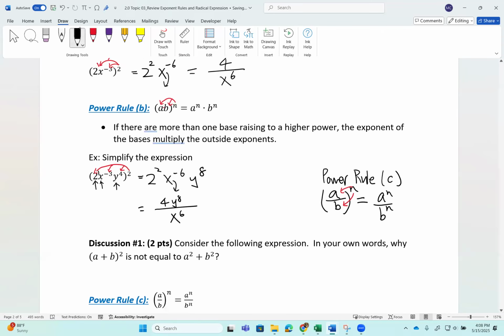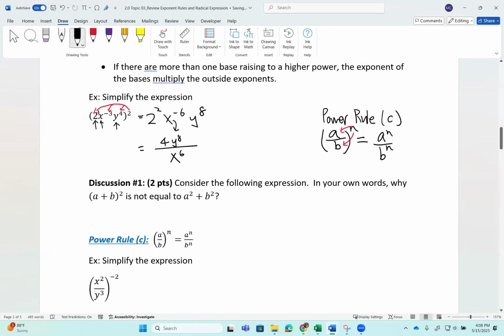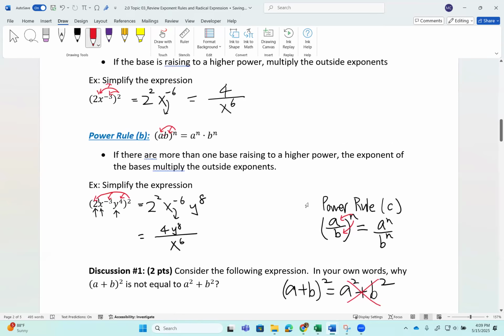All right. A lot of times I ask students this question: what is a plus b, whole thing squared, equal to? And a lot of times students will say, oh, that's a squared plus b squared. And that is actually very wrong, because they are trying to apply the power rule to this particular problem. But if you look closely at the two examples I have up here, inside the parenthesis is only one term.